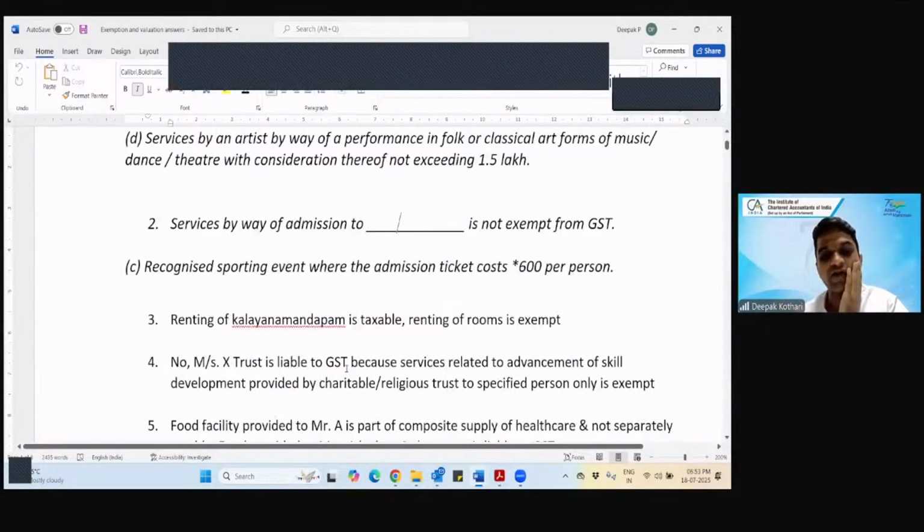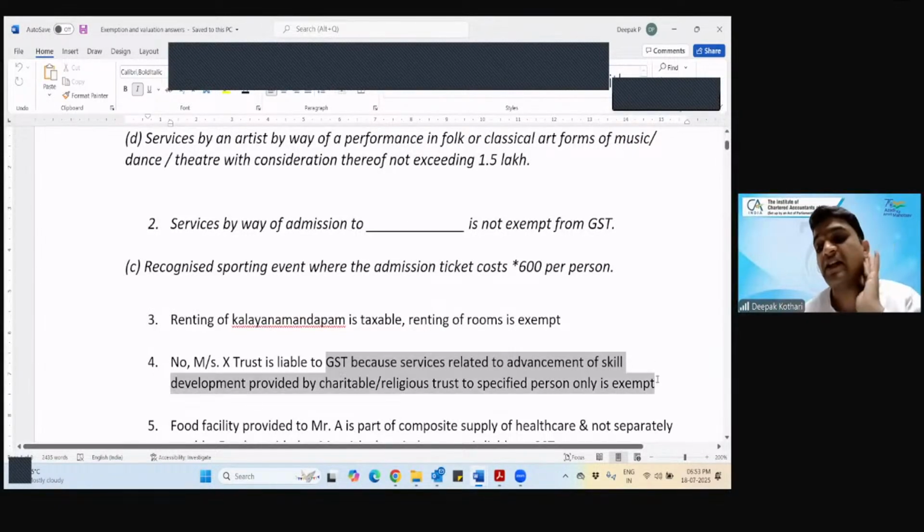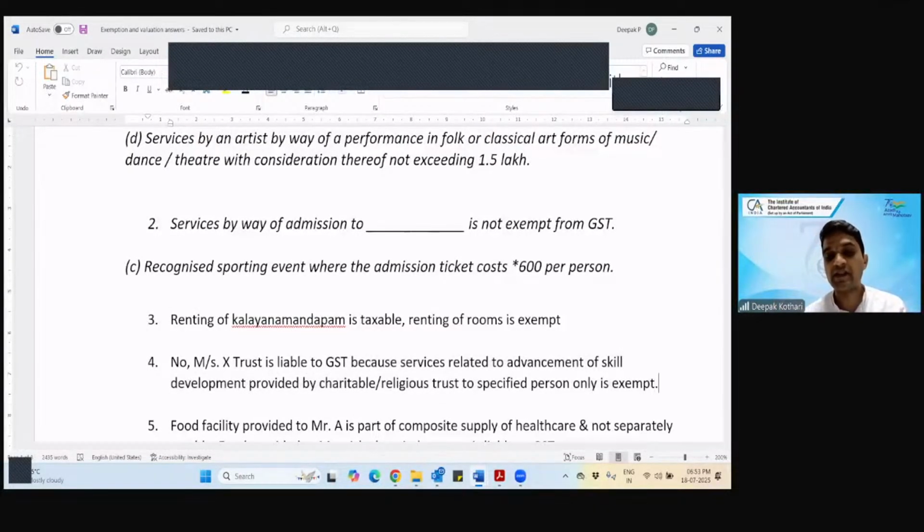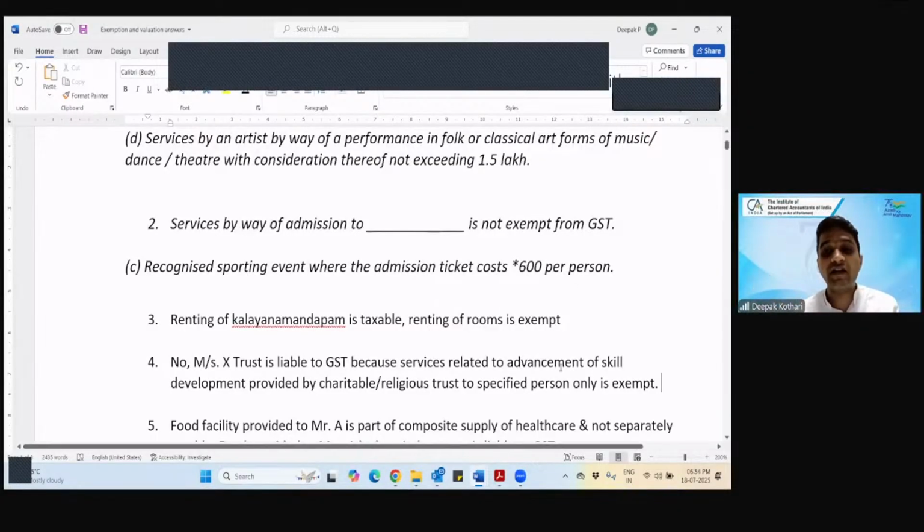X is liable to GST because services related to advancement of skill development provided by a charitable trust to specified persons only are exempted. In this case, it is not provided to specified persons. Specified persons means persons above the age of 60 years living in rural areas, and those who are physically or emotionally incapable.